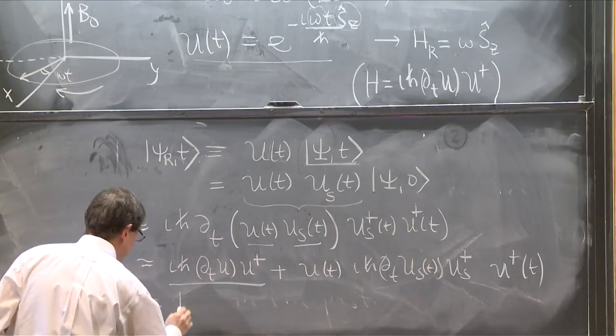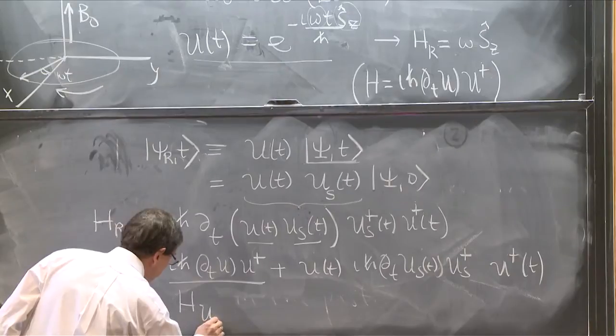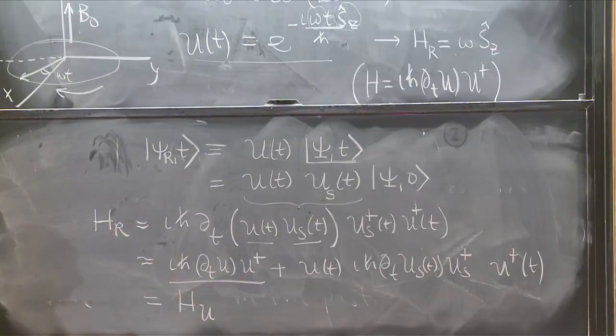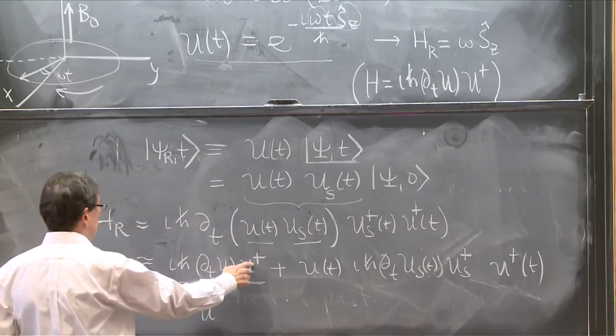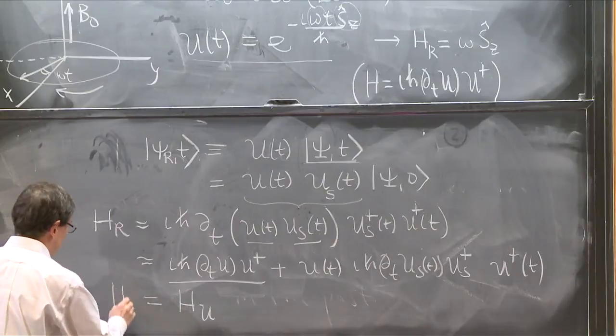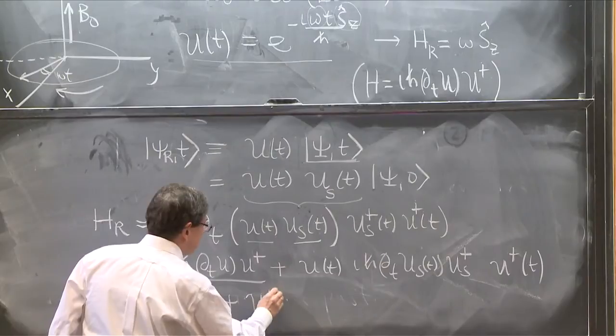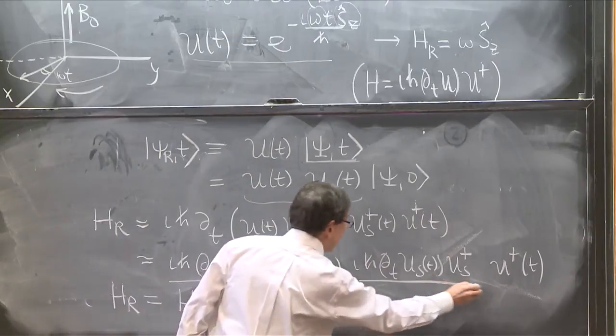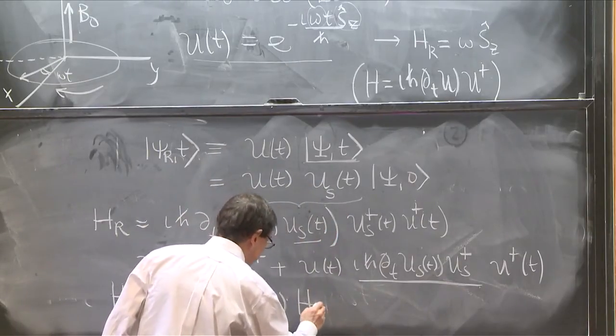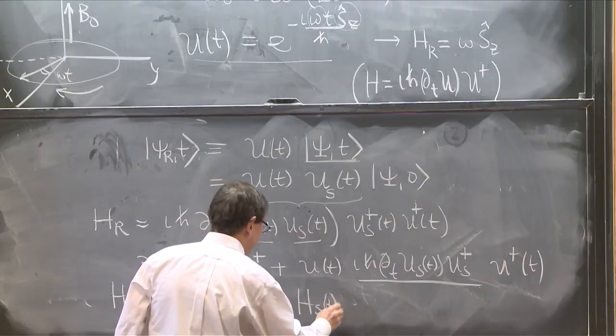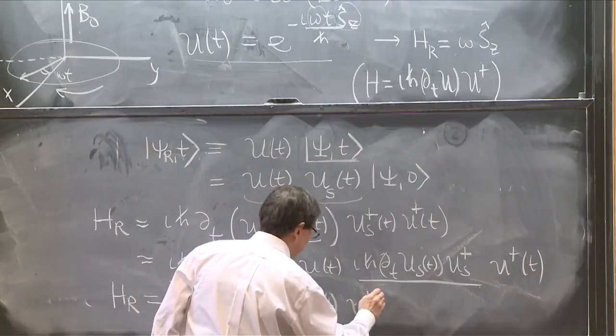I think it's useful. H of U, the Hamiltonian associated to whatever U it is, so you get a nice formula, plus U of t, this is the Hamiltonian H_S, U dagger of t.